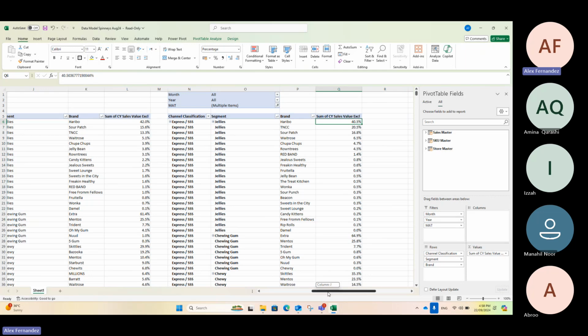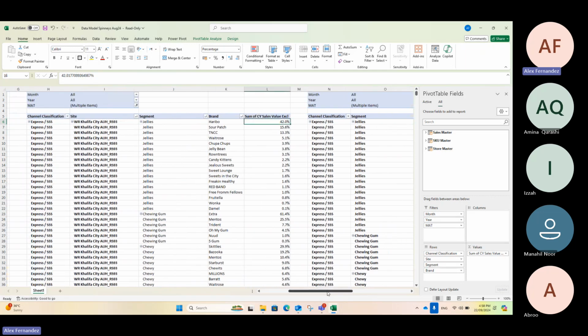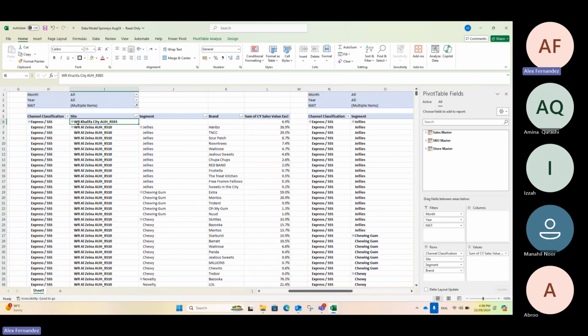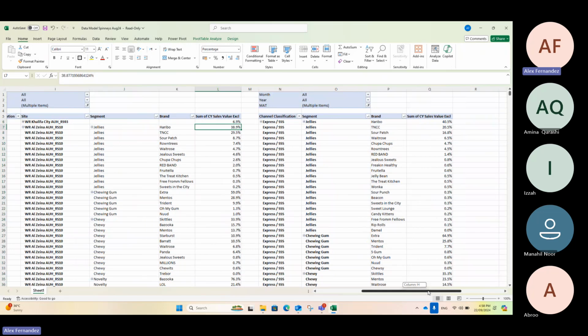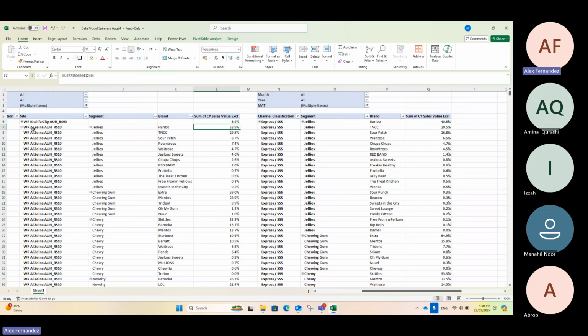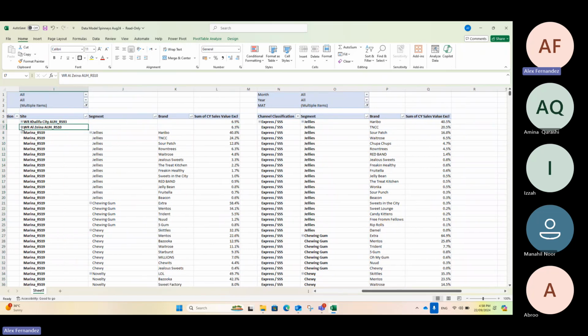However, in this store, it's above index. It's 42%. Let's check the other store in Express. This is 38.9%. The average is 40.5. So this store is under indexed. Okay. And this is how we understand what is over indexed, what is under indexed.